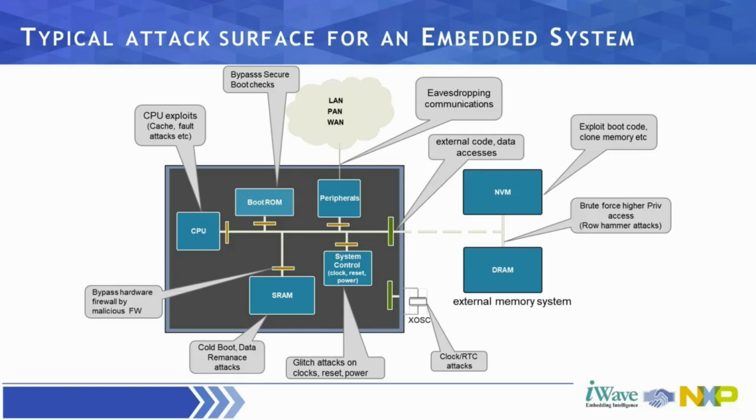Then we also are looking at physical attacks on the power and reset, so basically glitch attacks. Reminiscence of data when we do a cold reset, there can be also attacks like that, and bypass of the hardware firewalls with malicious firmwares.